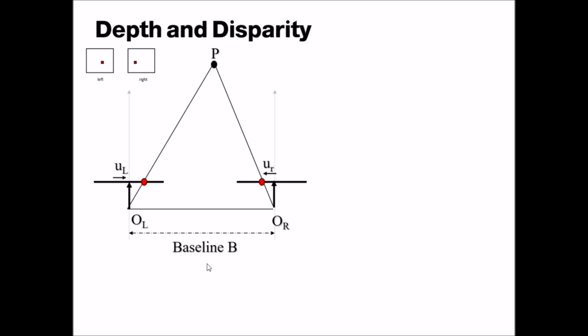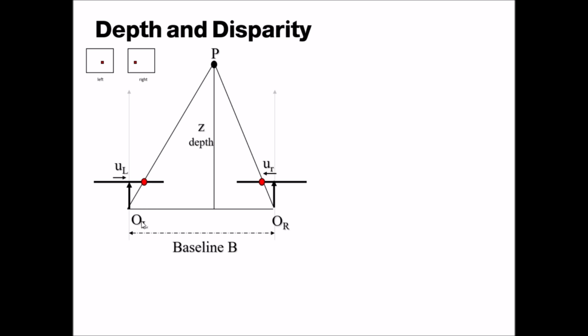Based on this we should know that from the baseline to the point P we have something we call the Z, which is the depth, the distance from the image to the point. Based on this information we try to find the depth and disparity of this 3D view.